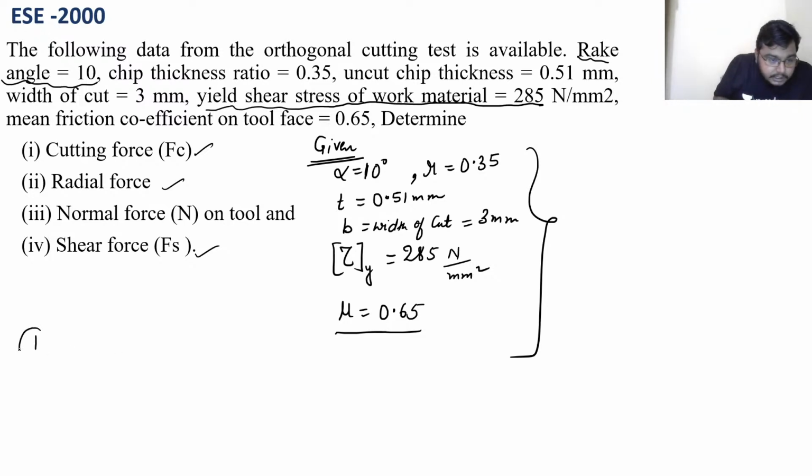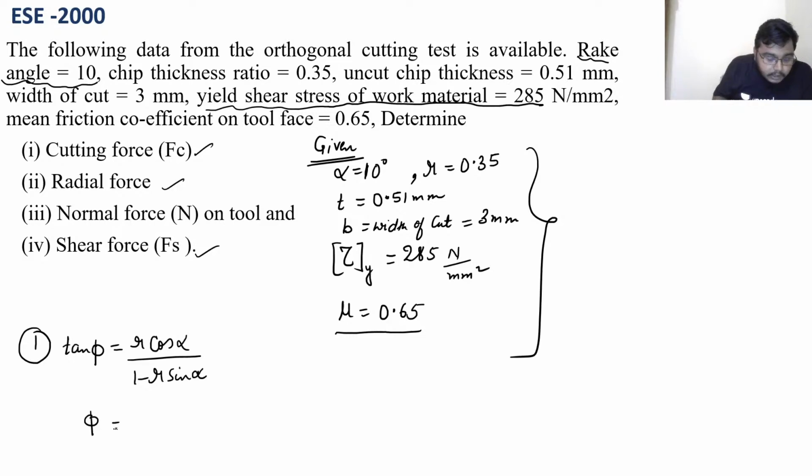See, the first thing you have to do is find phi. How can you find phi? Tan phi is equal to r cos alpha by 1 minus r sin alpha.